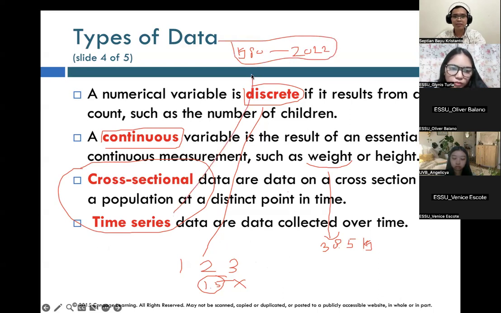That is an example of time series. The difference with cross-sectional data is that it presents cross sections or a distinct point in time, like how many provinces are in your country. That means you have cross-sectional data. That does not refer to a time order series of numbers, and there are lots of possibilities.